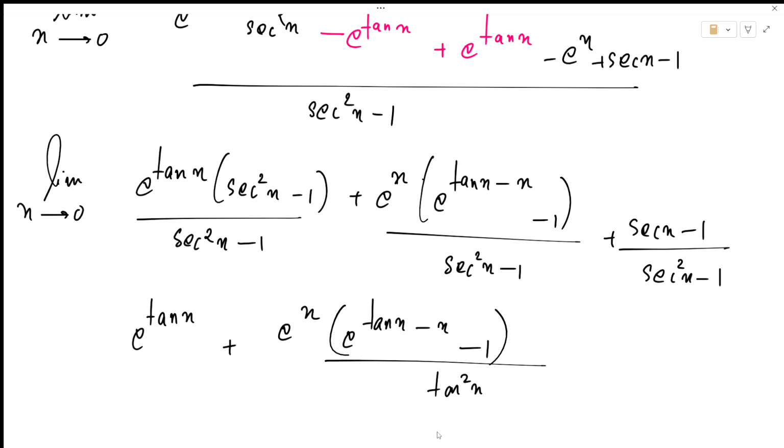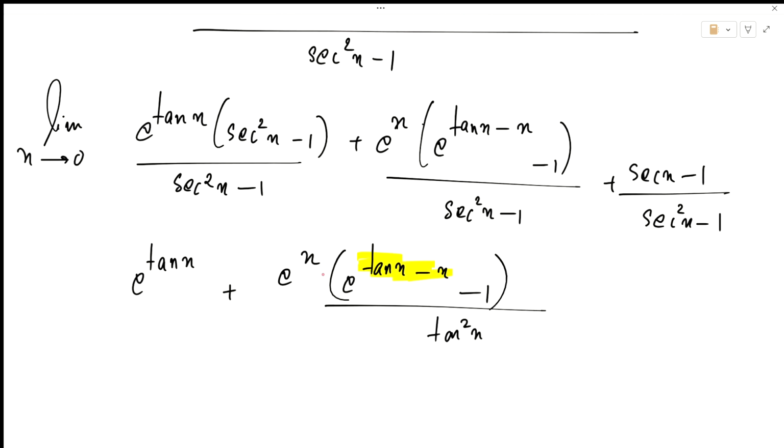What you do, we have to multiply and divide with tan x minus x, so I'm gonna get tan x minus x over here and tan x minus x over there. On the bottom I have tan square x, so I'm going to multiply and divide by x square.